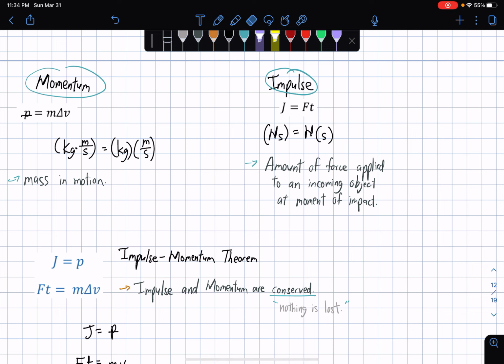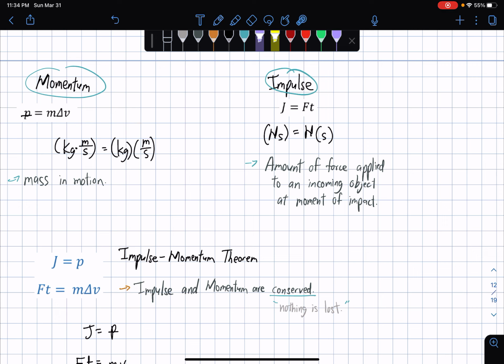There has to be a reason why, but in class we were taught that momentum is written that way. It is equal to mass times velocity. The unit for momentum is kilograms times meters per second, so kilograms corresponds to mass and meters per second to velocity.